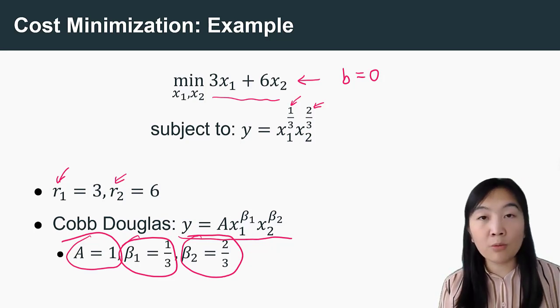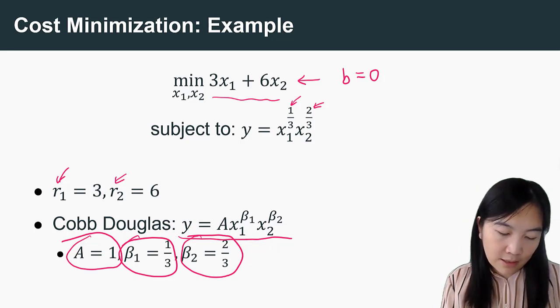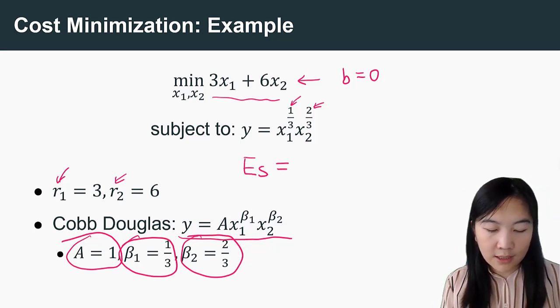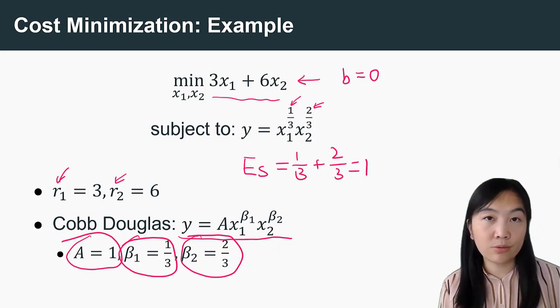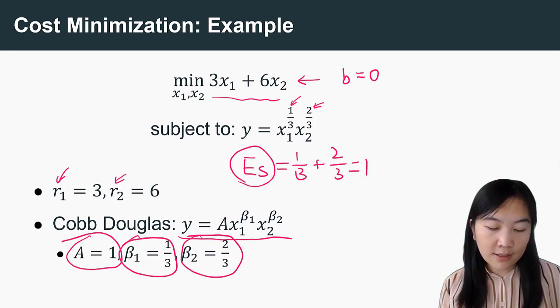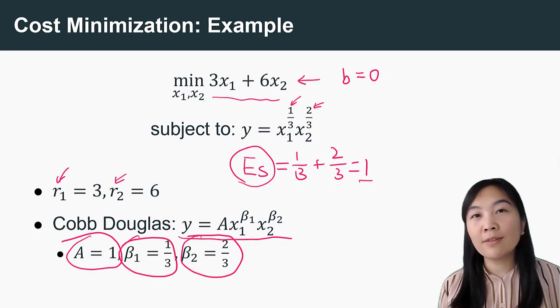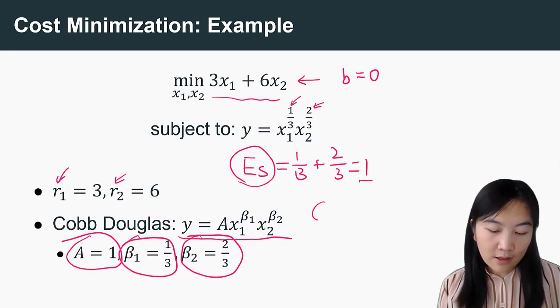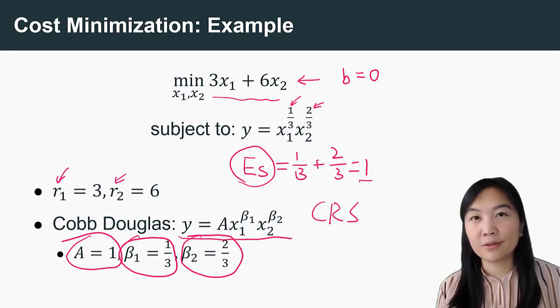And we can tell more from this function: the elasticity of scale is equal to 1/3 plus 2/3, equal to 1. So here, elasticity of scale equal to 1, then we're having a constant return to scale.